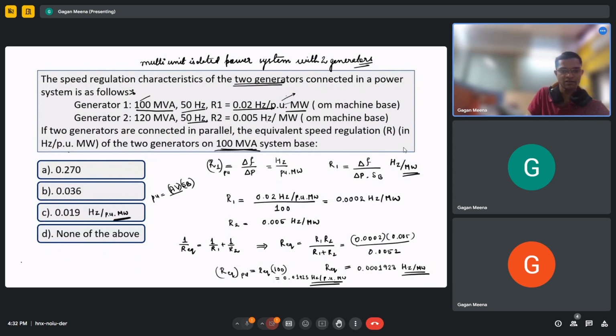Here, R per unit 1 divided by system base 1 is equal to R per unit 2 divided by system base 2. You need to find out the R per unit 2, which is the actual value, because this is the actual value in the system. This is R. Then multiply it with system base 2.